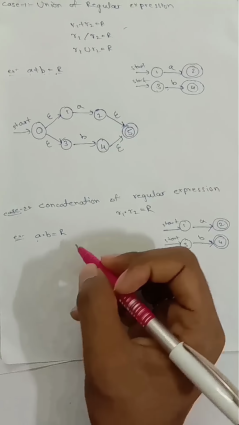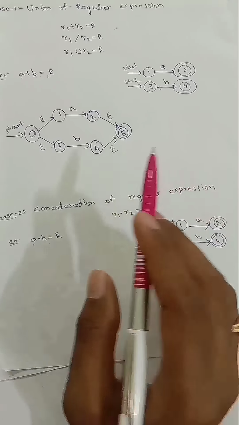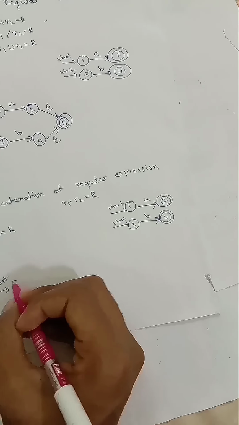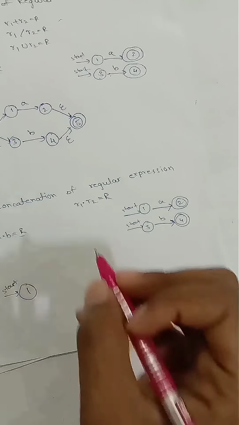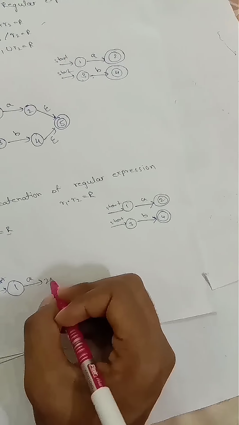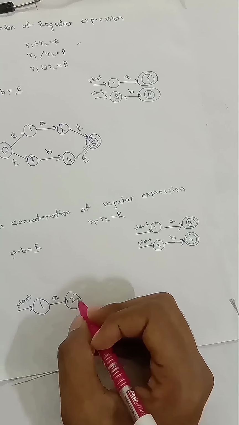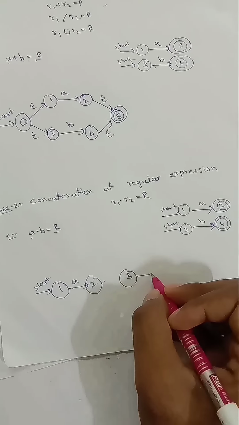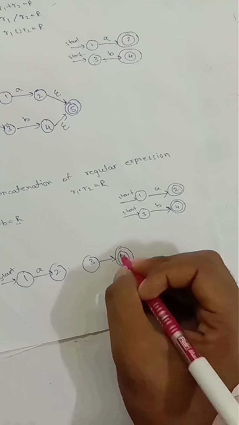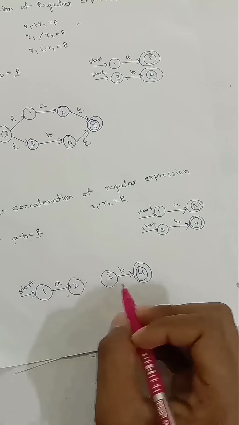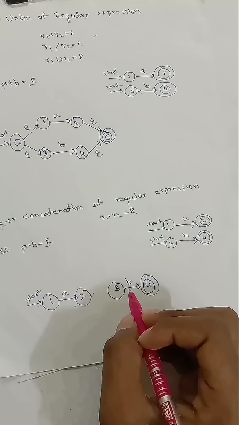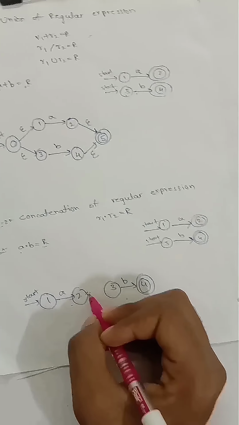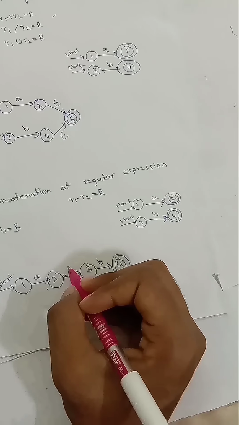where the starting state of R becomes the starting state of A. Here 1 will become the starting state for R. Now the accepting state of B becomes the final state of R. Four becomes the final state for R. The concatenation of regular expressions A and B is done by providing a path from the final state of A to the starting state of B on an epsilon transition.